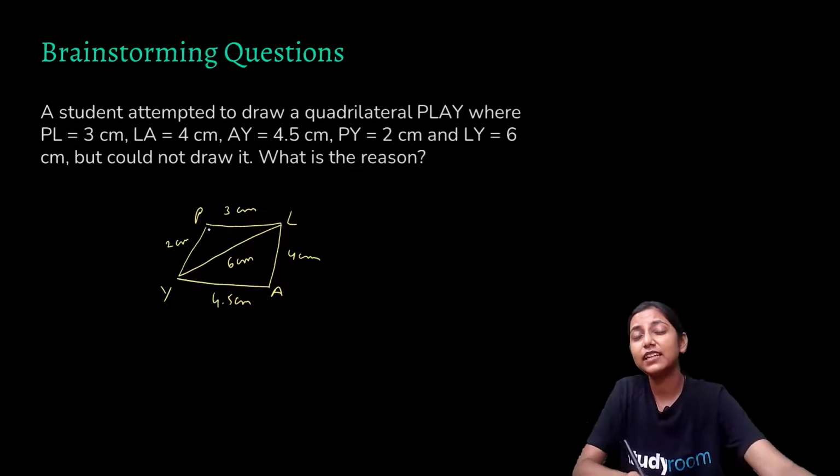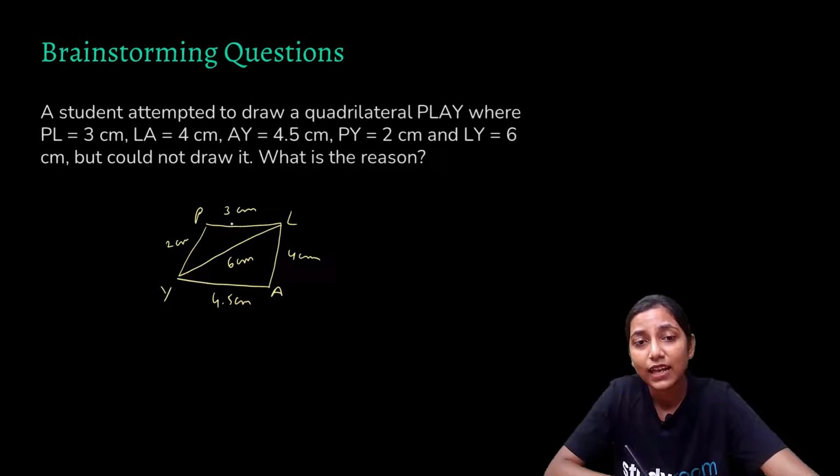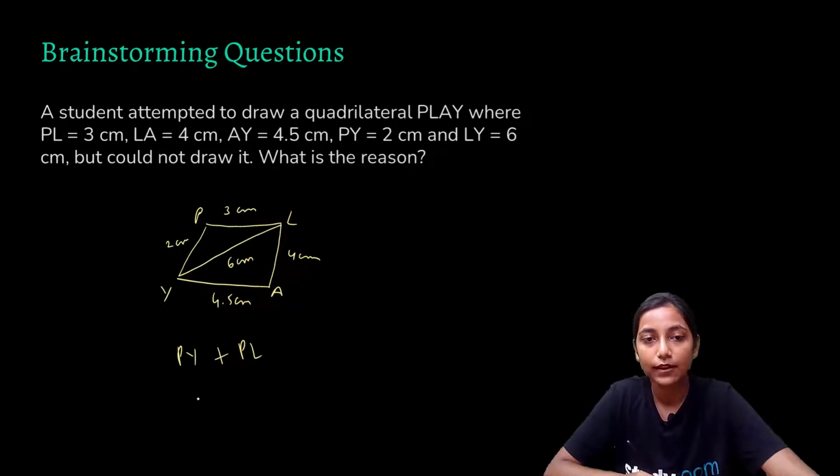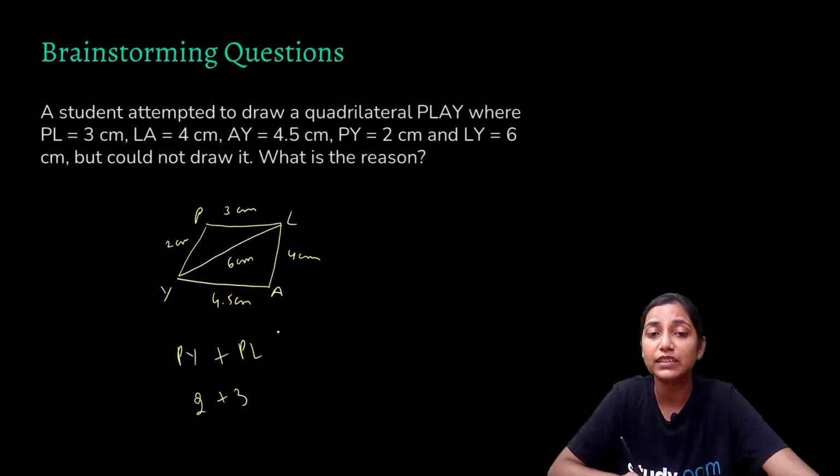But if we see here, what are we getting? If we add PY and PL, that is 2 plus 3, we are getting 5. But this is less than LY. This is less than 6.